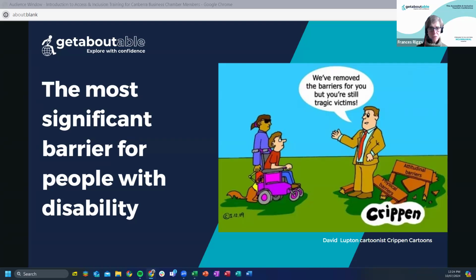That's not good to hear. Melinda, this describes the lingering patronising approach to people living with disability, things done to rather than with. Absolutely. It's very objectifying rather than seeing the common humanity that people with disability share with the rest of the community.